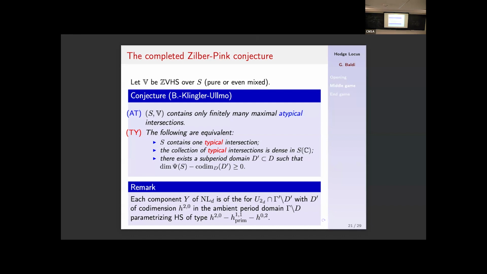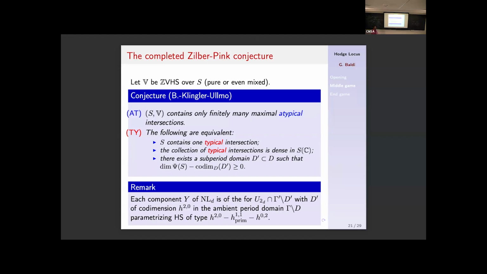Let me go back for a second to the Noether-Lefschetz locus. Each component of the Noether-Lefschetz locus is indeed of the form U to D intersecting with some subperiod domain. These subperiod domains have codimension h^{2,0}. That's where the Hodge theory comes into the game in the ambient period domain. The ambient period domain is just parameterizing all Hodge structures with Hodge diamond h^{2,0}, h^{1,1}, h^{0,2}.